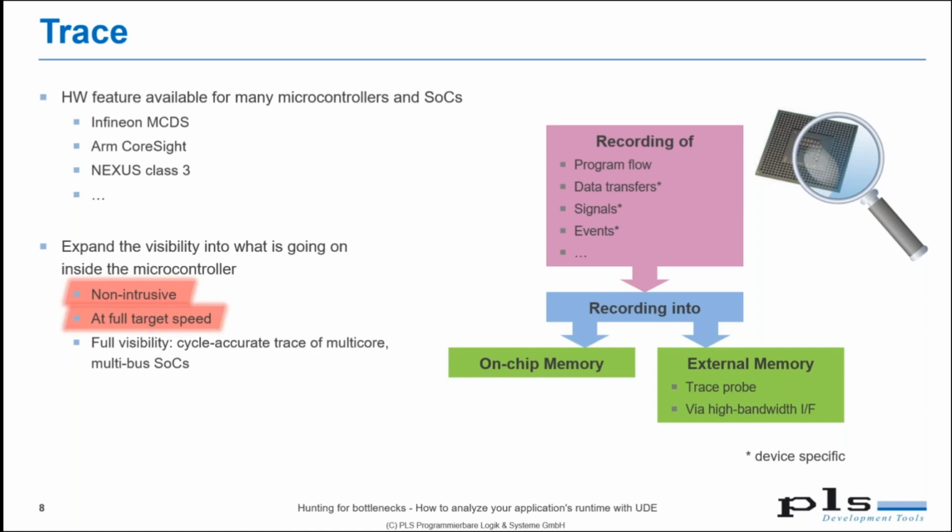So you can typically run your target at full speed, and you can measure timings very accurately with trace. And so trace is very interesting if you want to analyze the timing of your application or to identify bugs caused by timing issues.